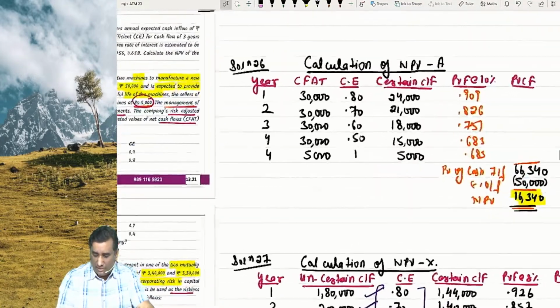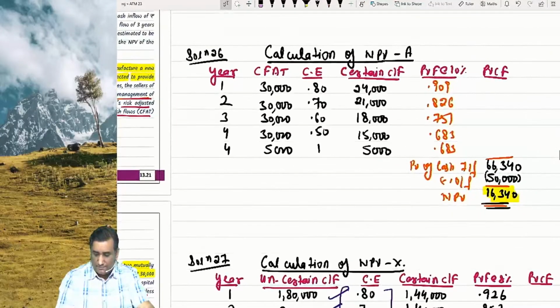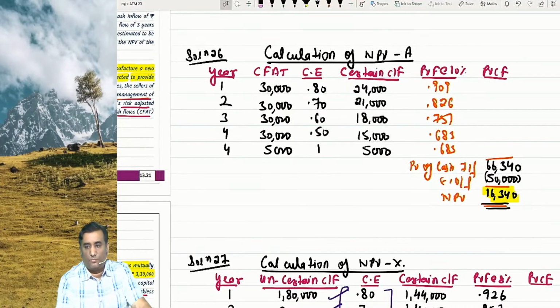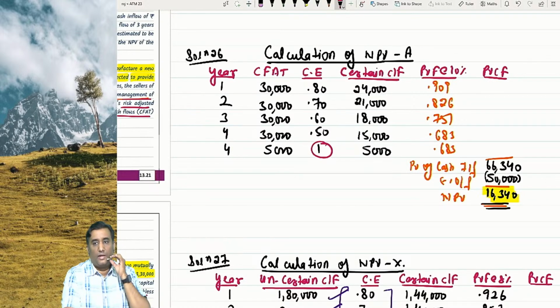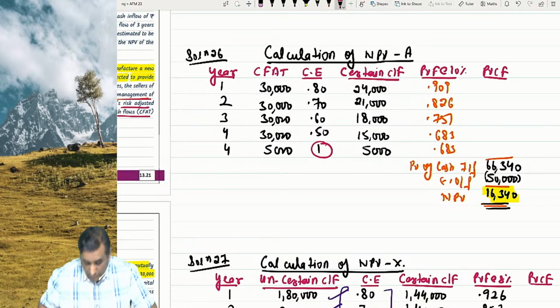The first part I get 30,000 into 0.8, 0.7, 0.6, 0.5, then 24, 21, 18, 15 and 5. This was also important, please. Guaranteed means it's confirmed here. So do not make a mistake. It was confirmed here. 1.